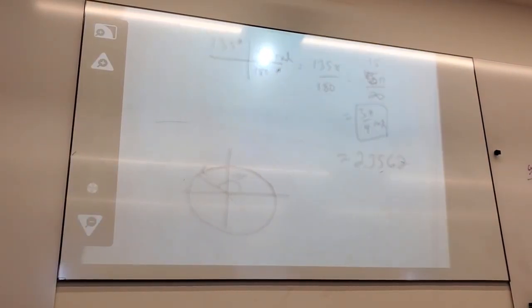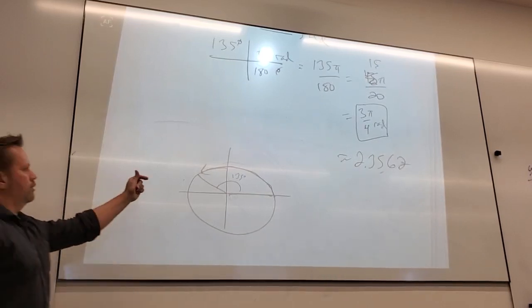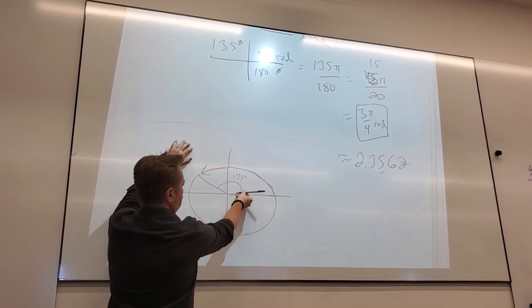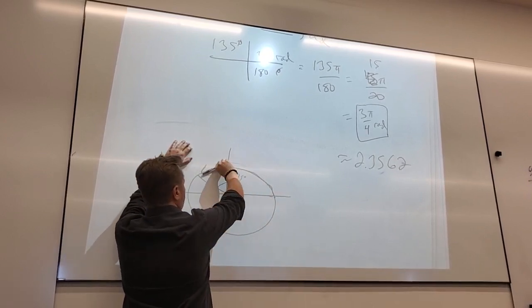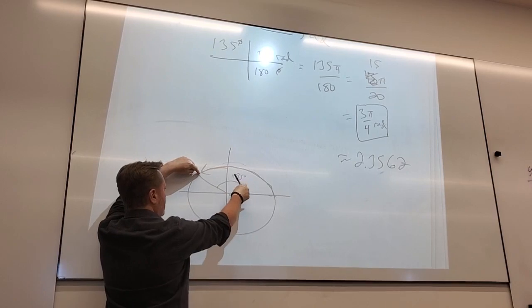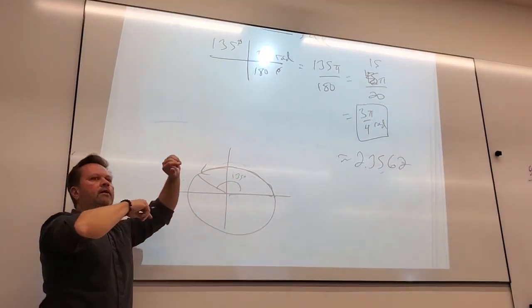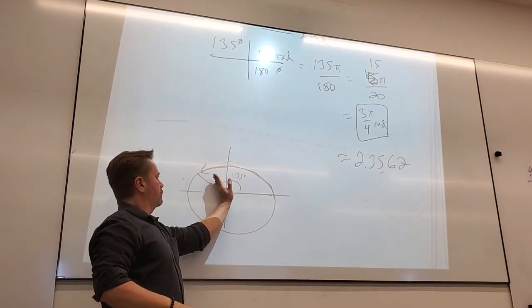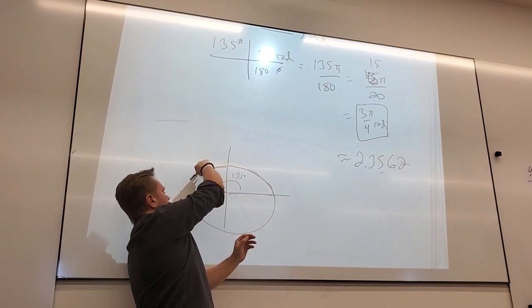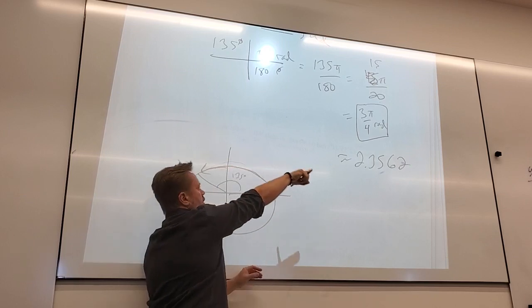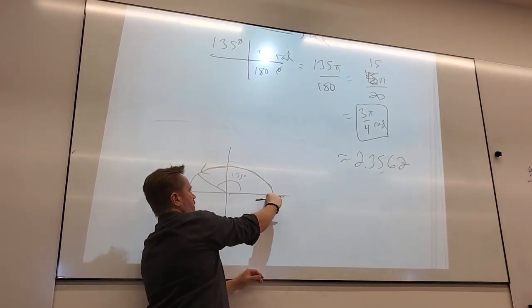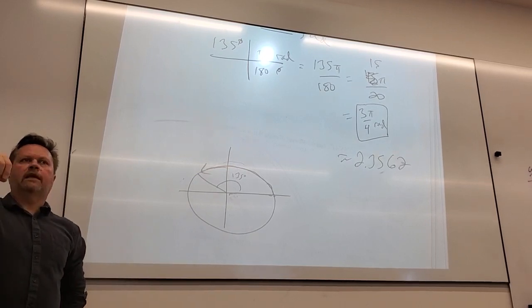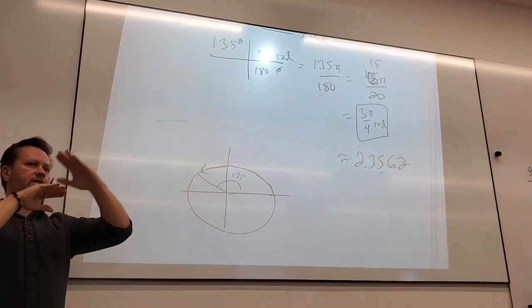If I go 2.3562 radians across here, I end up at the same thing as 135 degrees of rotation. I need you to get that. If I rotate 135 degrees, I end up looking at the same place as if I walked along 2.3562 radians worth of distance. They mean the same thing. They end up at the same place.